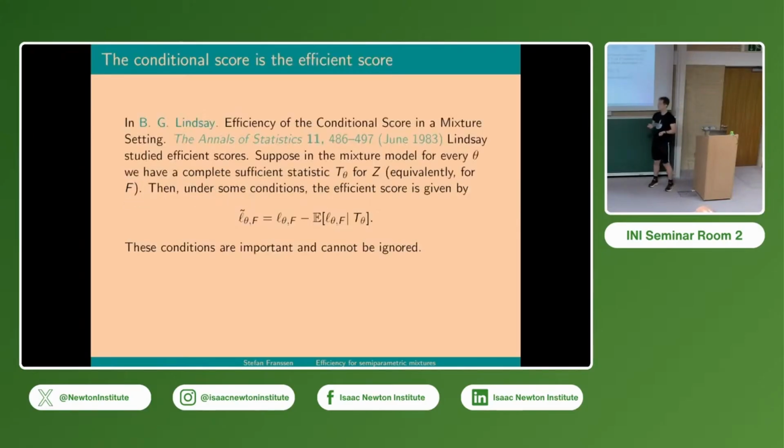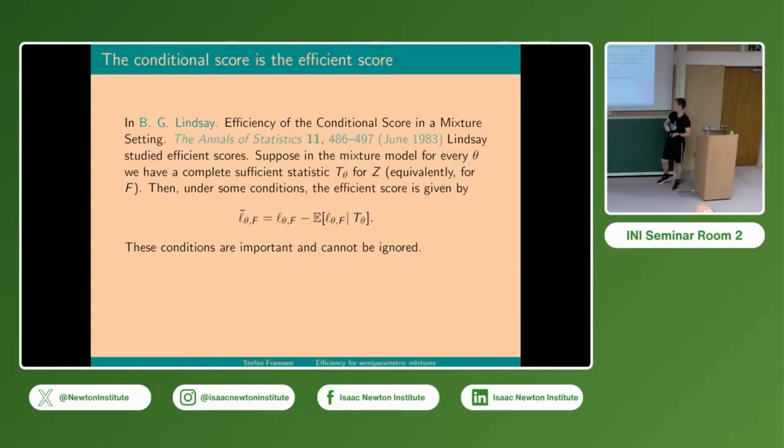So Bruce Lindsay continued his research into these mixture models, and he showed that you can construct efficient scores. He assumes that we have a complete sufficient statistic t theta for this latent variable z, and then there are some technical conditions.